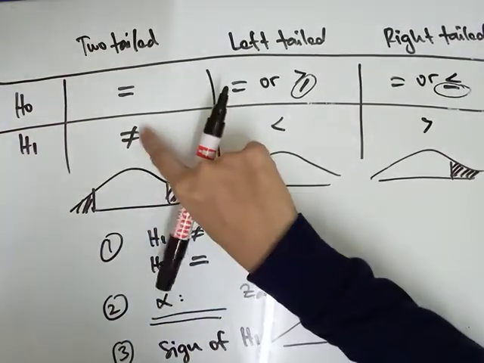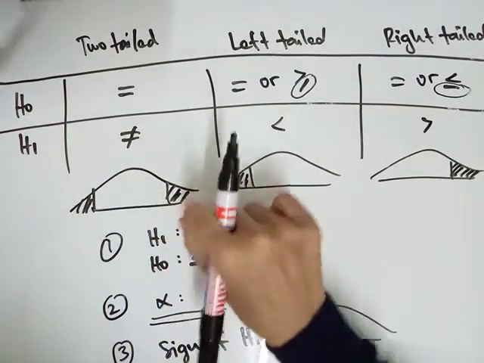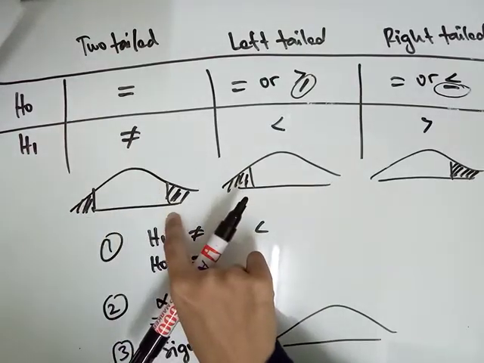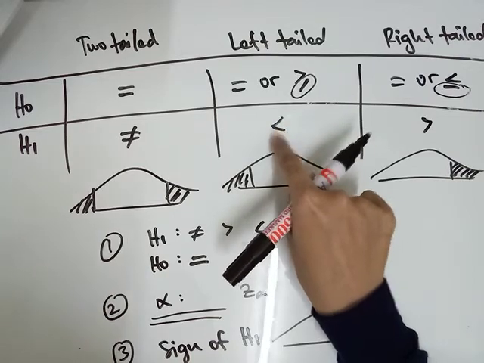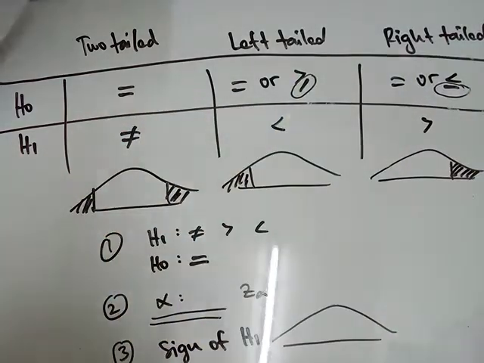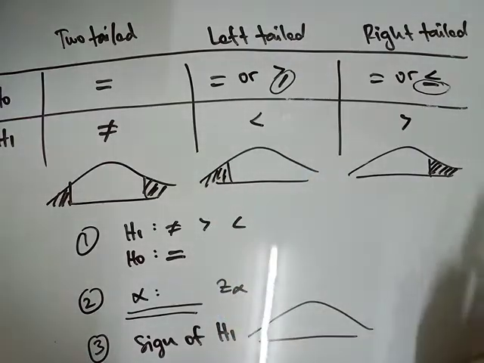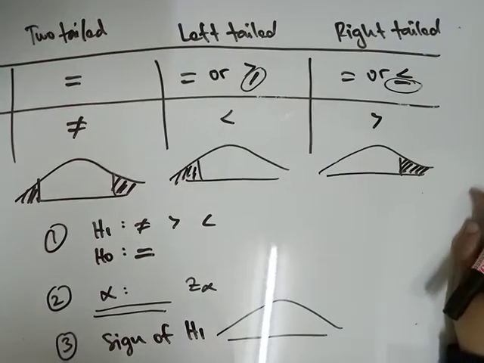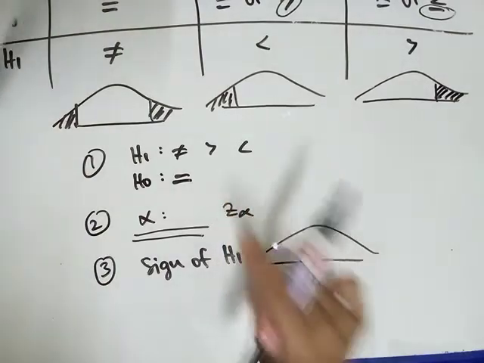If H1 is not equal, the graph you need to draw is two tails of the area. If H1 is less than, the graph is the left tail of the area. If it is more than, the graph is the right tail. So step 3 is to draw the graph, using the sign for H1 only.